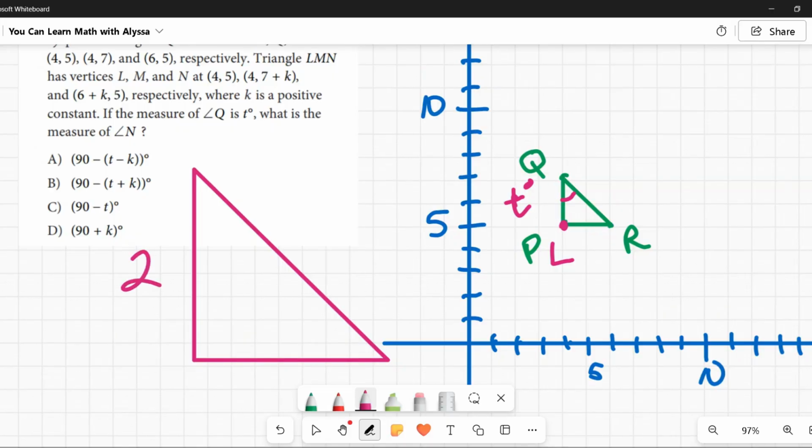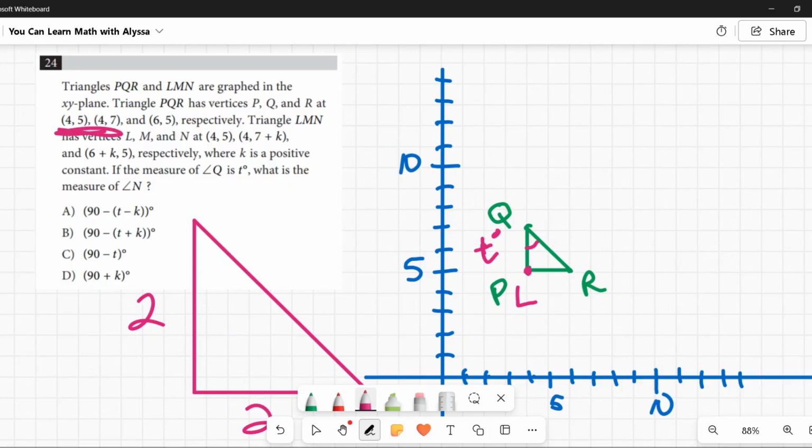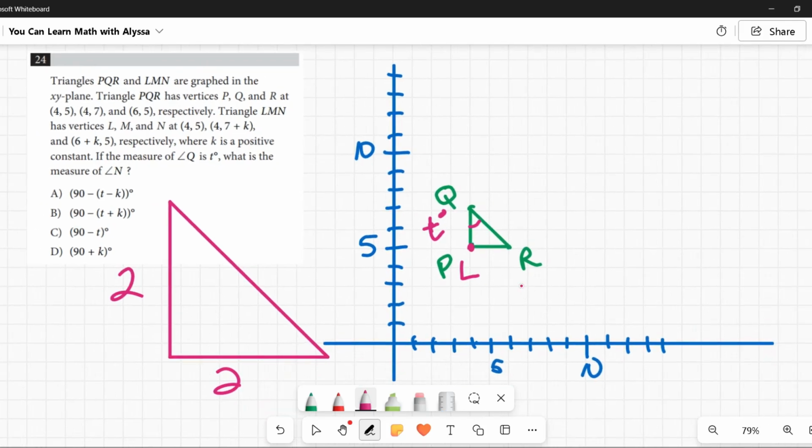This is a vertical line going up and down because the points have the same x coordinate, and this is a horizontal line because they have the same y coordinate. Those first two points have the same x coordinate, and those other two points have the same y coordinate. So horizontal line, vertical line. And when we have a horizontal line and a vertical line, they meet in a right angle.